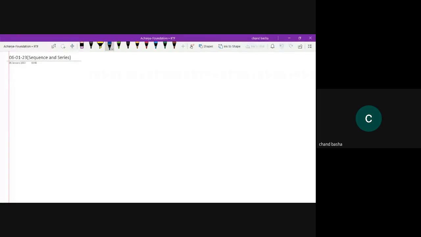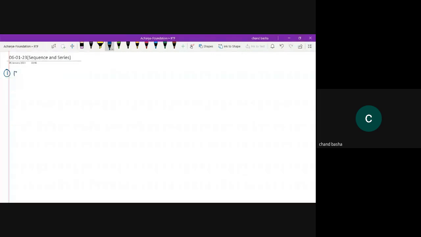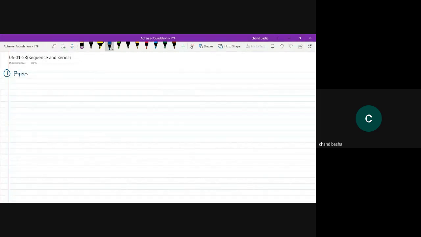Next problem. Let us see question number 3.1, and the questions are different. It is asking to find the first three terms of the following.